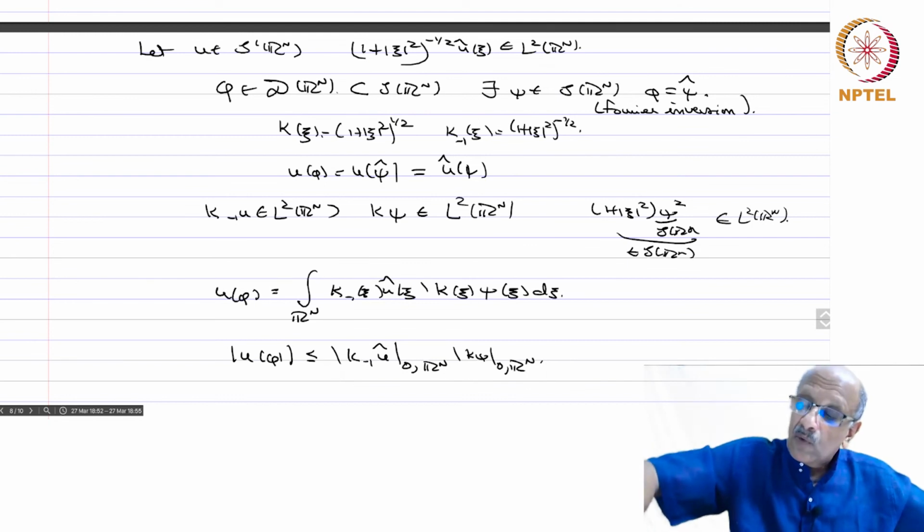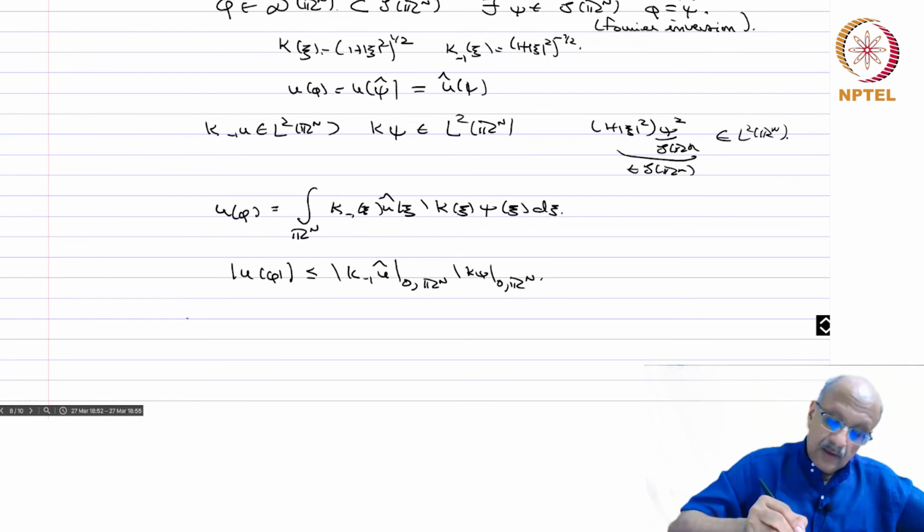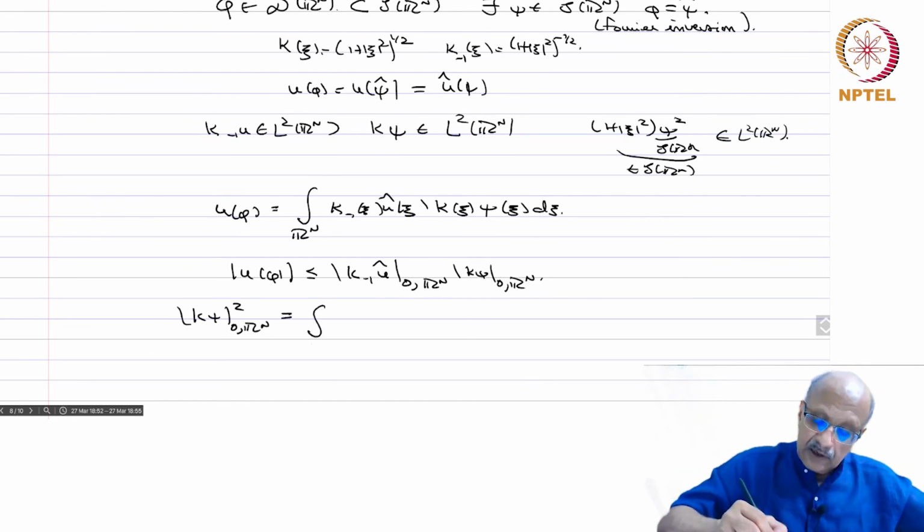So let us look at what happens to kψ. The squared L² norm of kψ is equal to the integral on Rⁿ of (1 + |ξ|²)|ψ|² dξ.